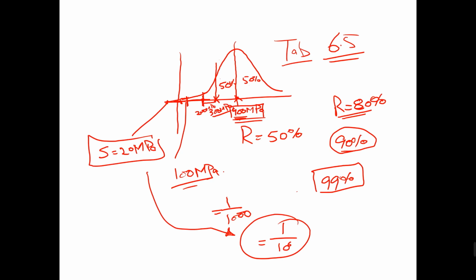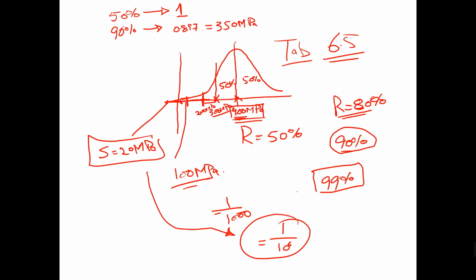It says that for a reliability of 50%, we have a reliability factor equal to 1. For example, 400 MPa, we have 50% reliability. For a reliability of 90%, we have a factor equal to 0.897. 0.897 multiplied with this, you will get a value almost equal to 350 MPa.